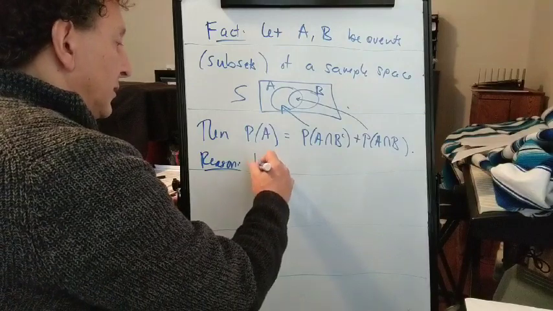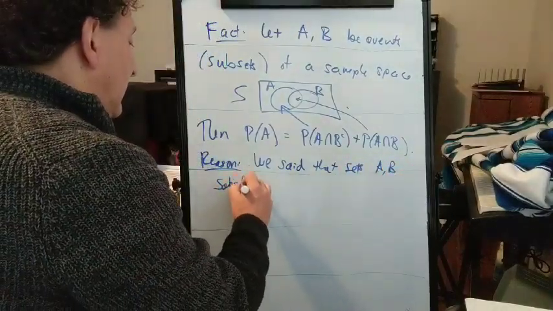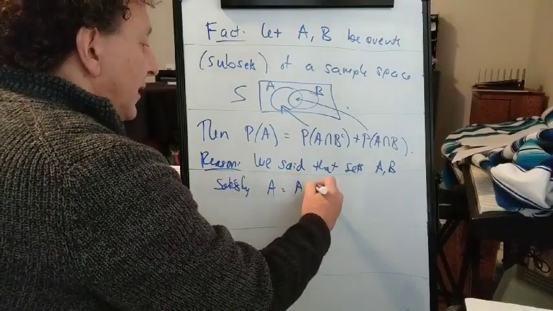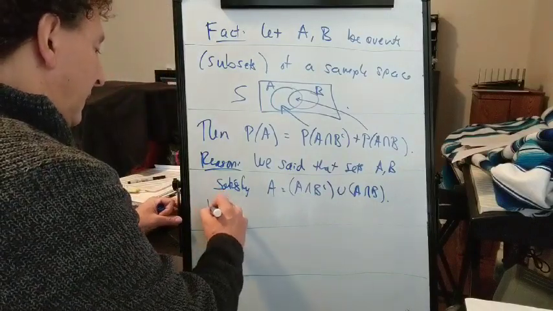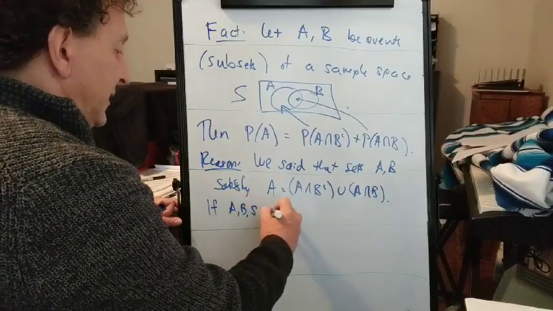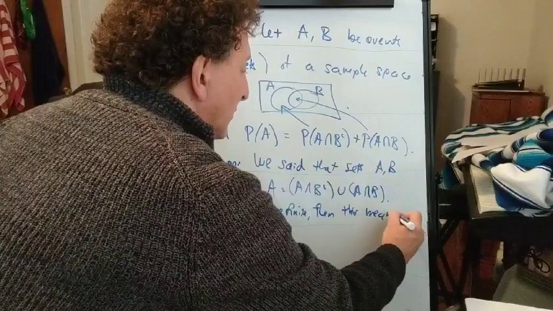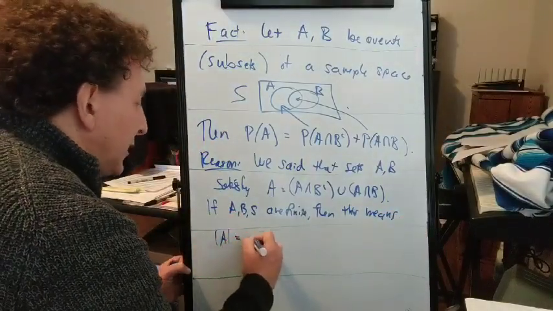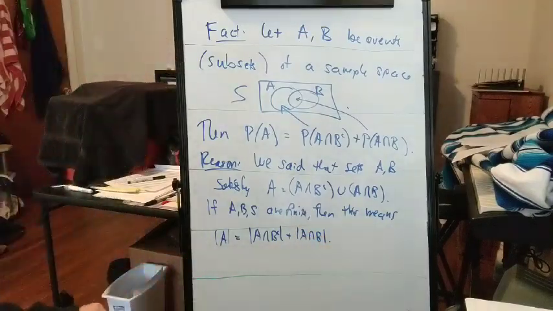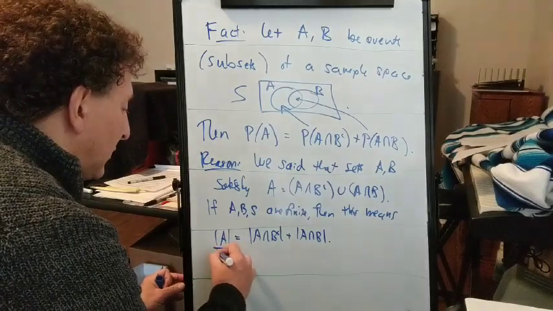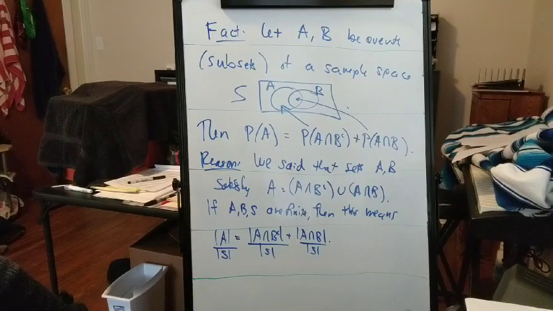So the reason this is true is that we said that sets A and B satisfy A equals A intersect B complement union A intersect B. Now if A, B, and S are finite, then this means that the number of elements in A equals the number of elements in A intersect B complement plus the number of elements in A intersect B. Now if we divide by the number of elements in S, then we have this equality.